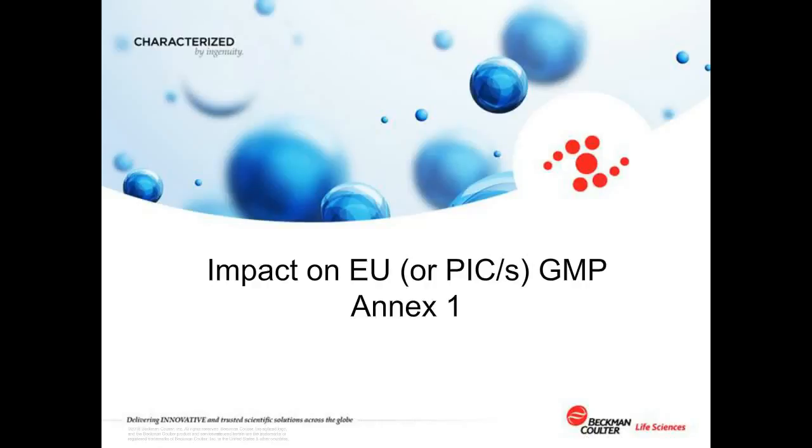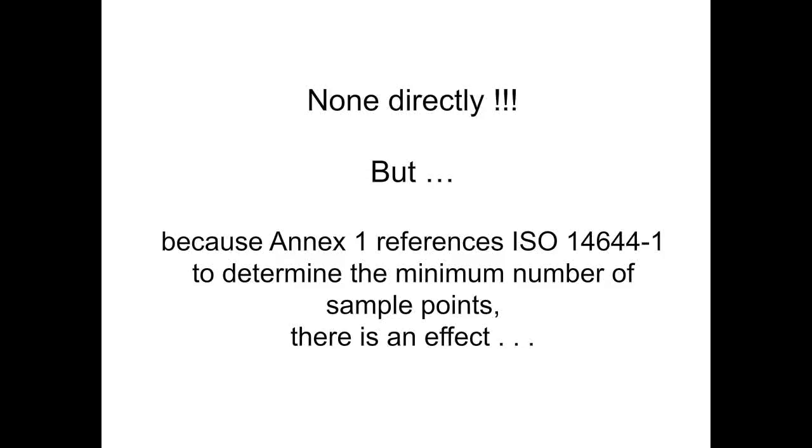How does it relate to Annex 1, commonly used in biopharmaceutical, and both the European and the more global PICS documents have an Annex 1 that ties to the high-risk production of sterile medicines. And how does this change in 14644-1 affect that? Well, in changing 14644-1 and -2, we didn't change the GMP document. They're totally distinct and separate entities.